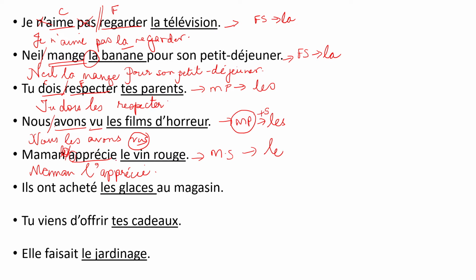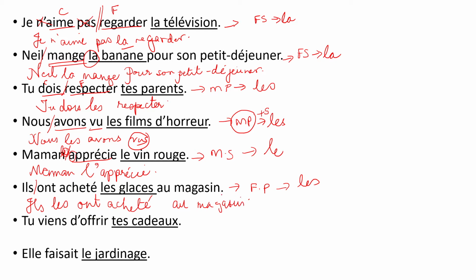Mama appreciates it. Then ils ont acheté les glaces au magasin. Now les glaces is feminine plural, because it's la glace, the ice cream, which means you will replace it with les. Now, where do you place it? Passé composé, so it comes before the auxiliary. It becomes ils les ont achetés au magasin.